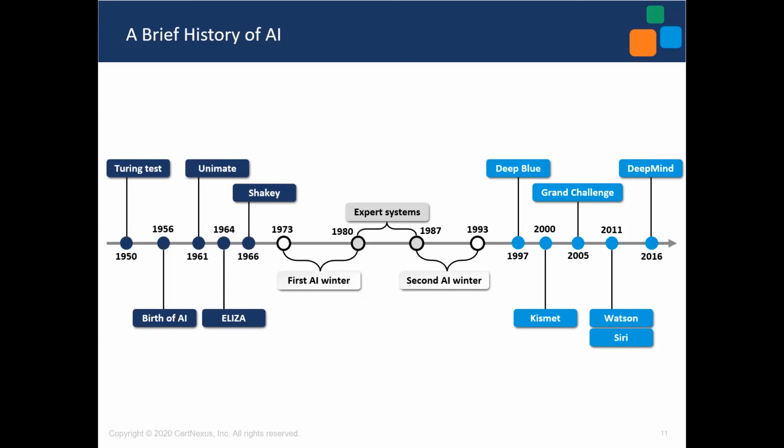And what happened was there was a report that came out of the UK in 1973, the Lighthill report, which stated that we weren't going to realize the promise of AI. And so it really shuttered all initiatives for the most part around AI. So from 73 to the early 80s, there was no advancement within artificial intelligence.